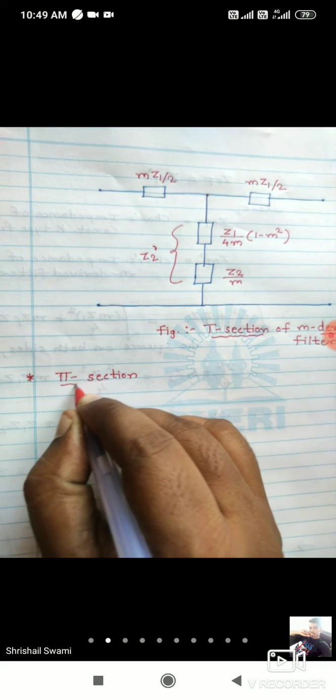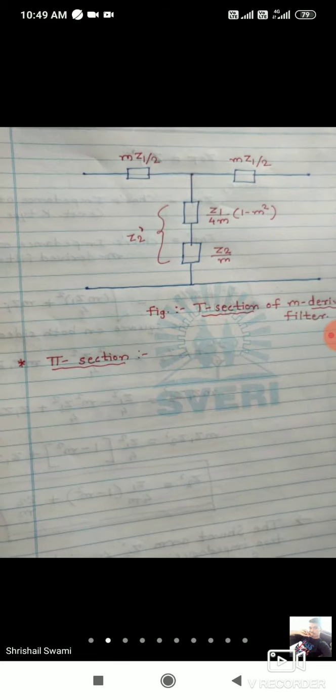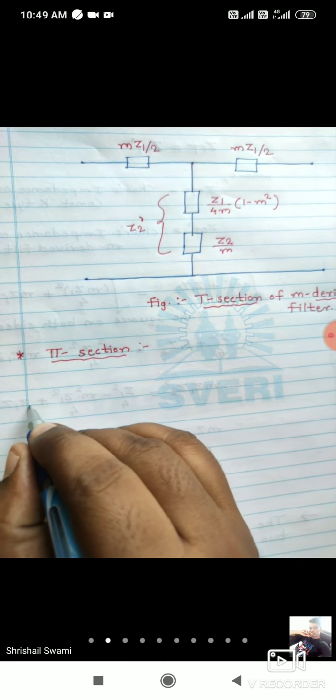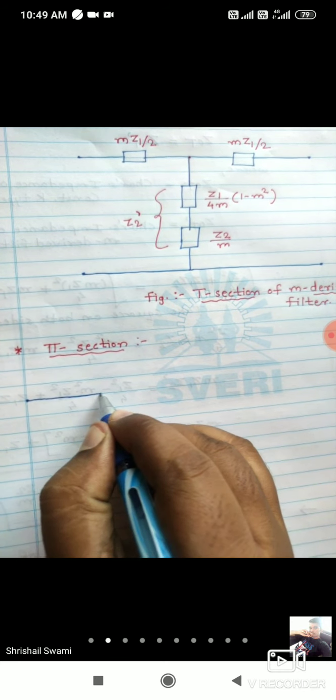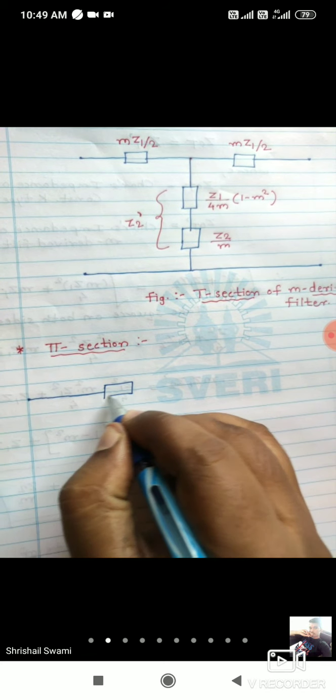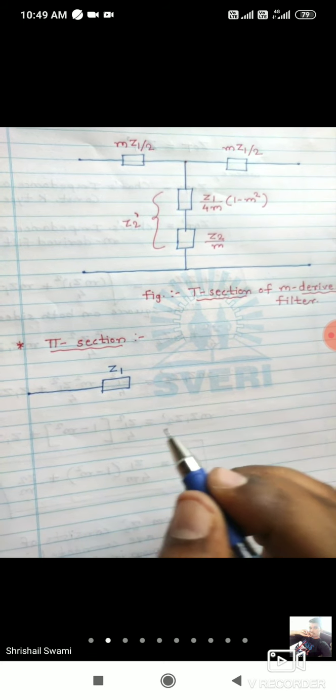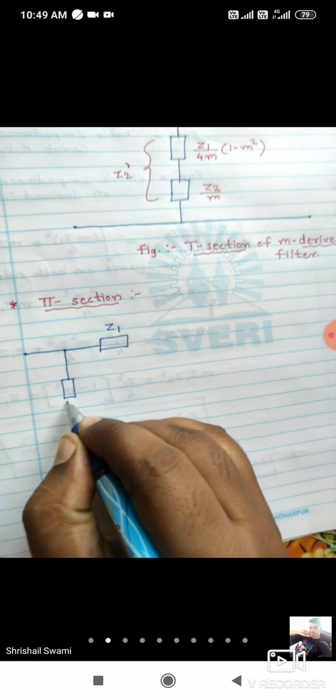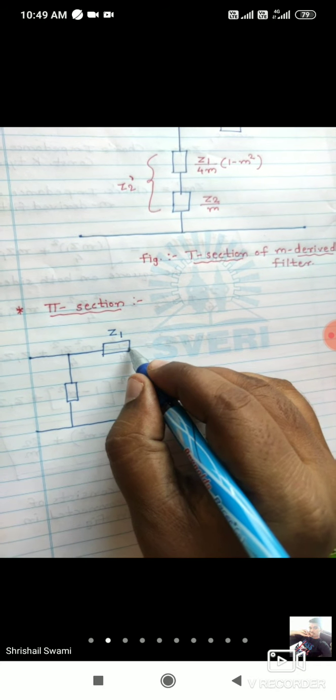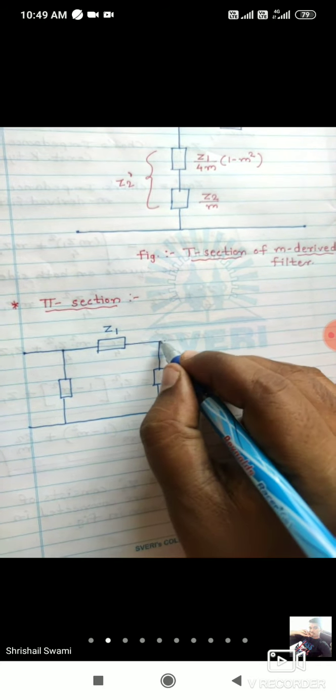So what will be the original pi section of constant K type? What is the diagram here for the original pi section of constant K type? So the series arm consists of only Z1, whereas the parallel arm consists of two Z2. This we already learned in the types of filter networks at the start of this unit.